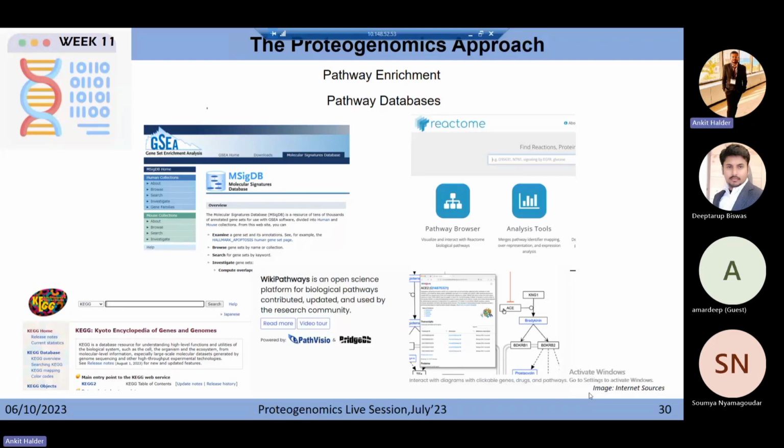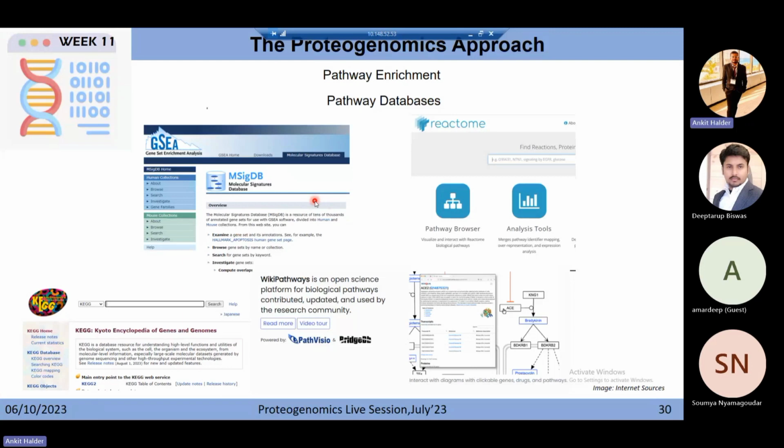Like the MSigDB, the Molecular Signatures Database. I am hopeful, correct me if I'm wrong, that I showed you the MSigDB database and also gene set enrichment analysis. In the previous week, we discussed in detail the definitions of overrepresentation analysis and gene set enrichment analysis.